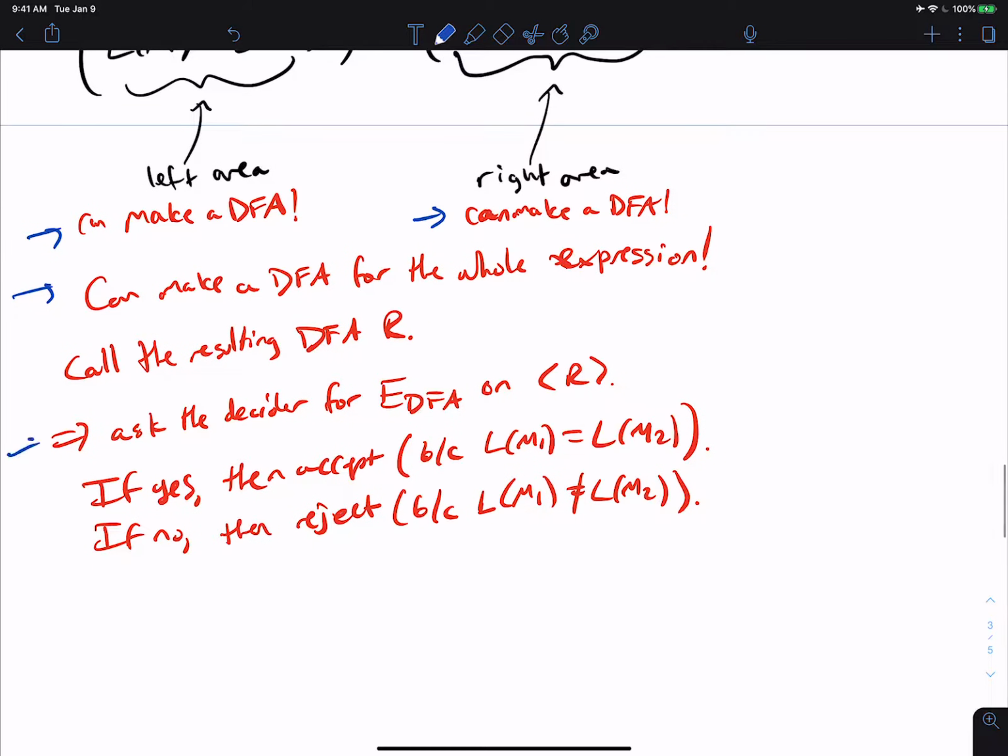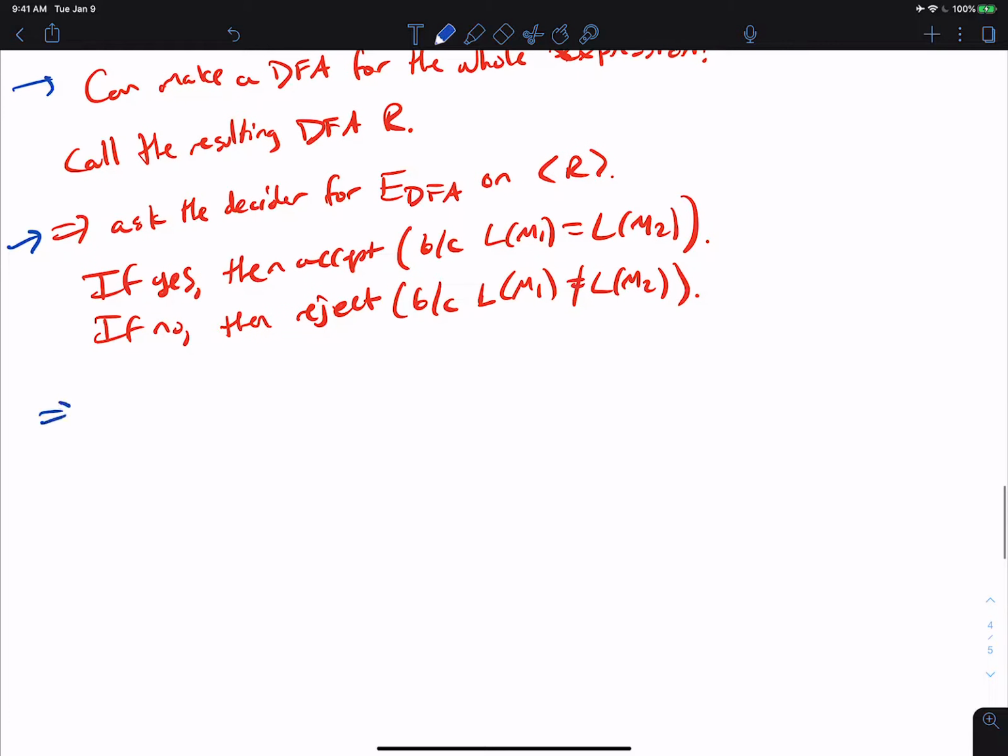And we have a decider for the emptiness problem, so it runs in a finite amount of time. Therefore, after all of that, we have that EQ DFA is decidable, which is really, really cool.